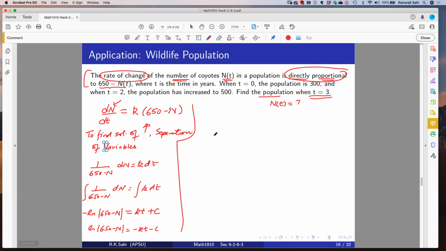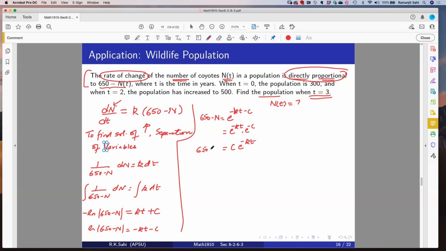Now, that means 650 minus n equals e to the power negative kt minus c, which I can write as e to the power negative kt times e to the power negative c, or this can be a constant times e to the power negative kt.